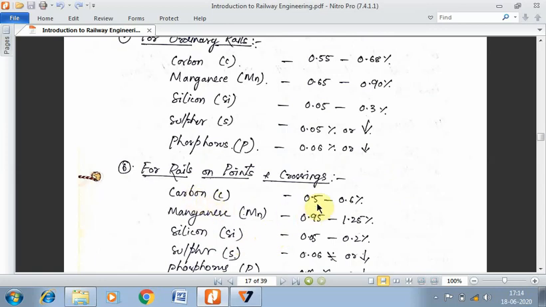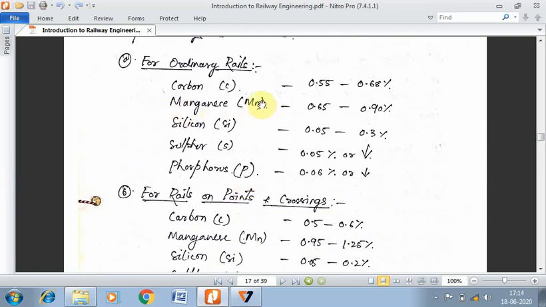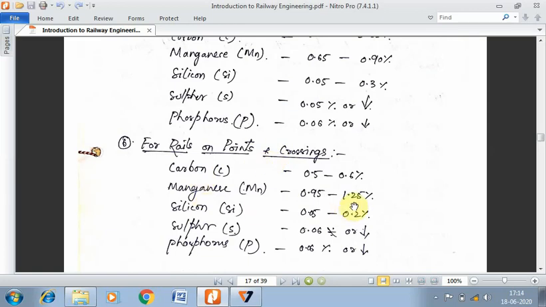The carbon content should range between 0.5 to 0.6%, manganese between 0.95 to 1.25%, silicon between 0.05 to 0.2%, sulfur 0.06% or less, and phosphorus 0.06% or less. You can see the difference prominently between the percentage of manganese used in ordinary rails and in that of points and crossings.